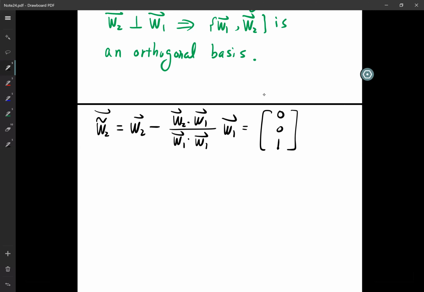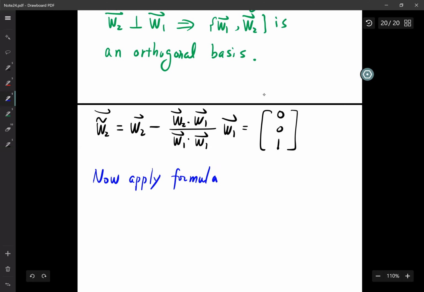And now you can apply the formula, and I give to you as an exercise the projection of V onto W. So this is using the new orthogonal basis, and this is (3/2, 3/2, 1).